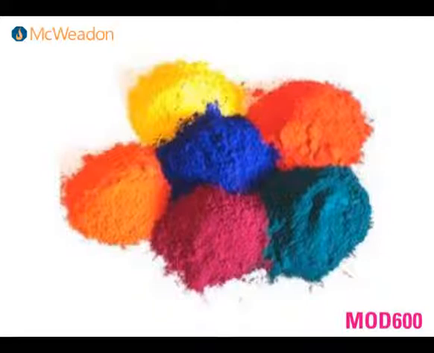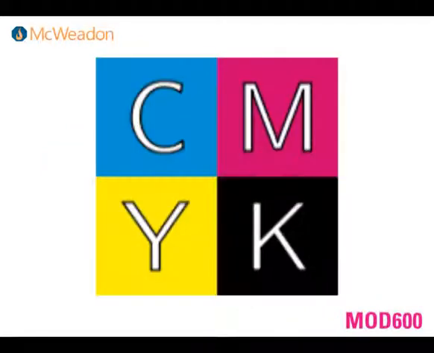And so for print, the standard 4-color process is called CMYK, and that stands for cyan, magenta, yellow, and the K stands for black.